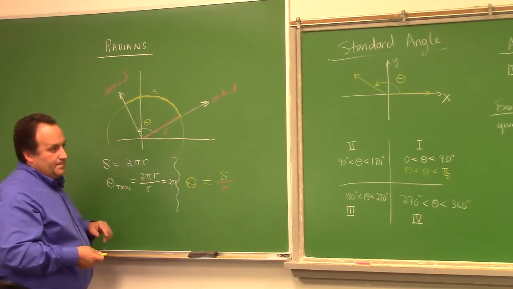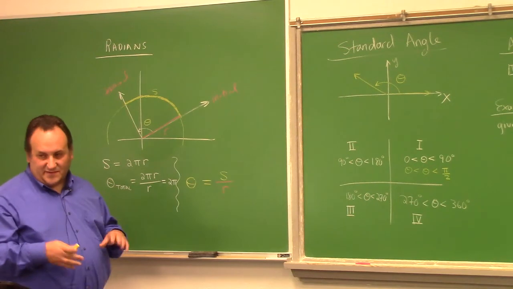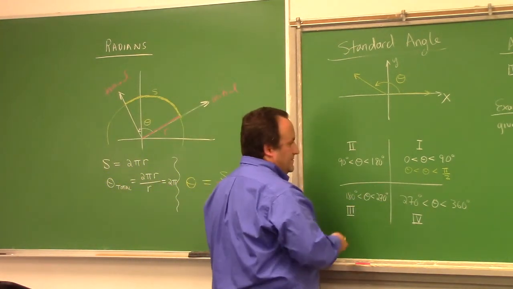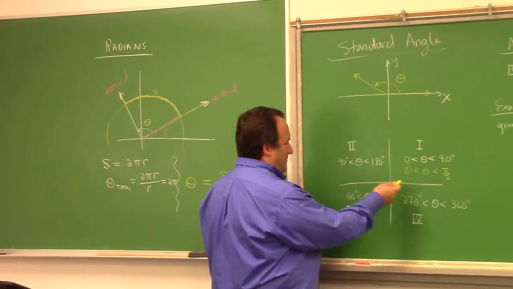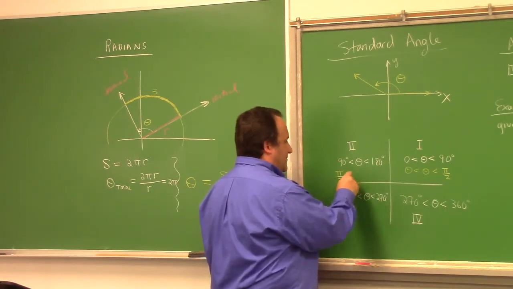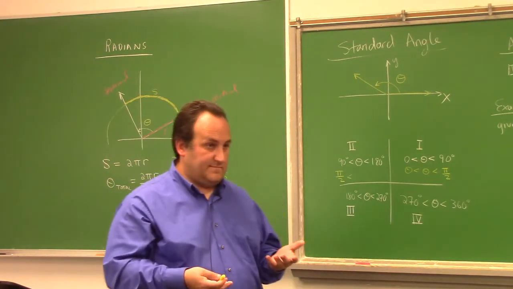Now, I'm going to keep writing here, and then I want to point out that there's kind of a problem with the notation, though I don't know if it's really a problem. So pi over 2. The question is, should I use the same letter for theta in degrees and for theta in radians?